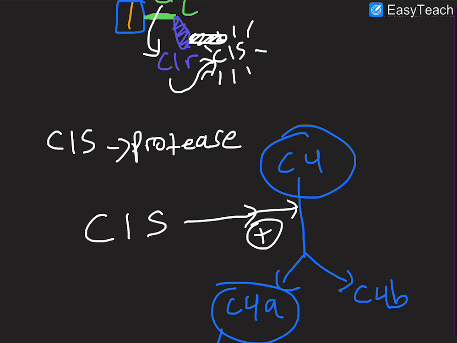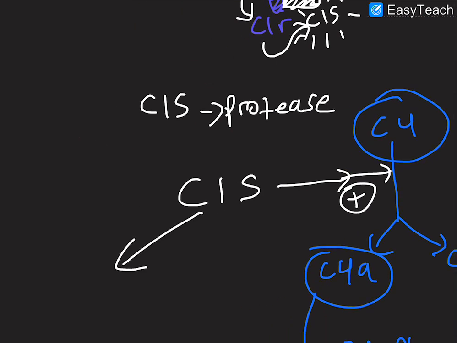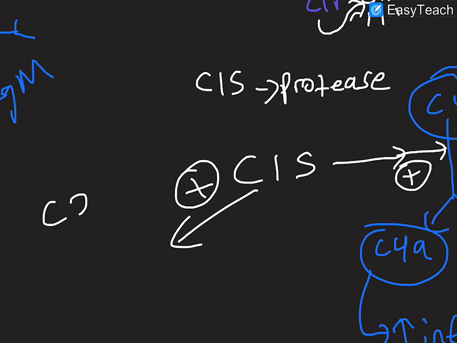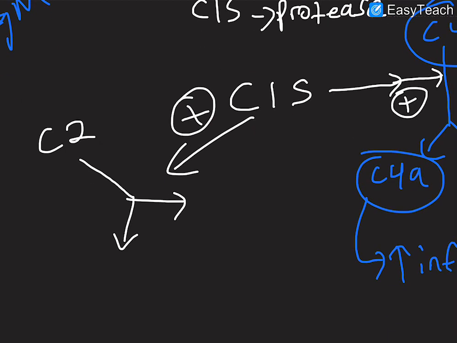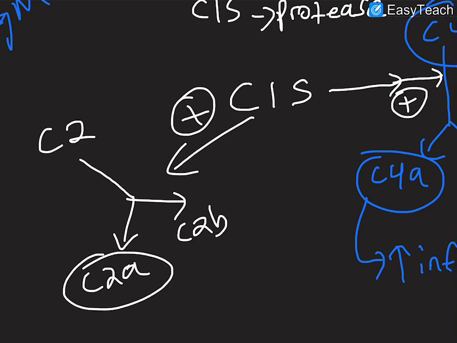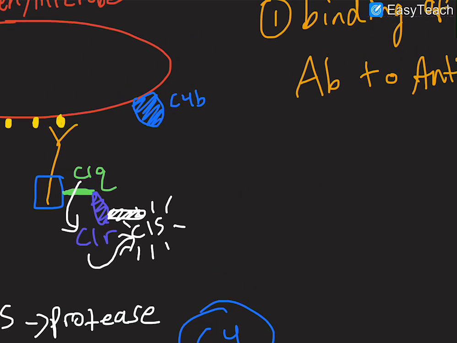Another thing that C1s will do is activate and cleave C2. Again, C2 will get activated and cleave into two different things, one being C2a and the other being C2b. C2a will go and bind onto C4b.